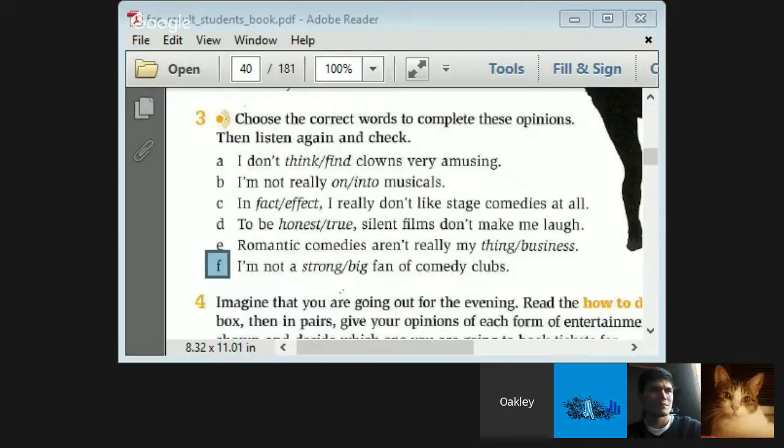I kind of feel about comedy clubs like you feel about clowns, right, Luis? Yeah, I try to avoid going to those kinds of places because I know the comedian will say jokes about tall people.